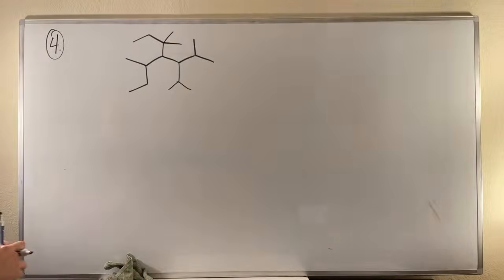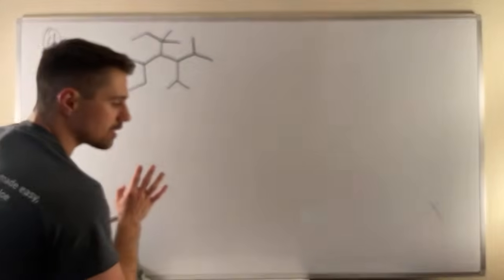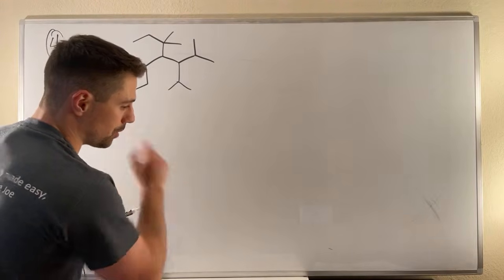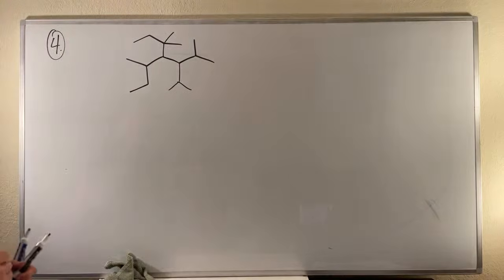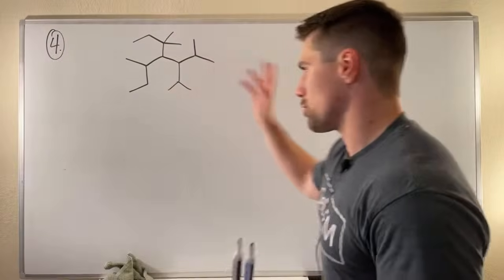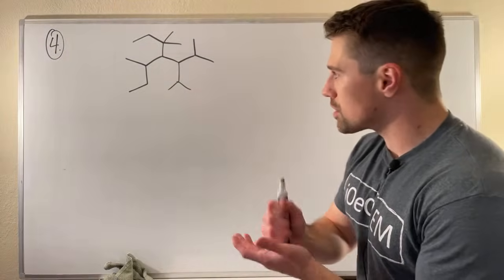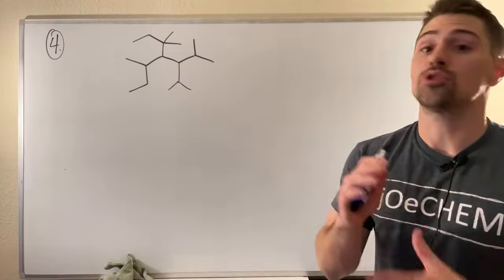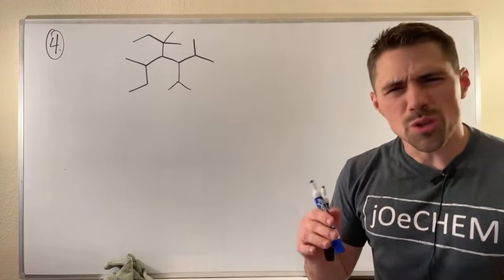Let me just make sure I drew this correctly, because if I didn't, that will make this whole experience awful. Okay, cool, think so. All right, so if we take a look at this structure, the one thing to note is there's nothing super crazy going on in terms of different groups and things like that.